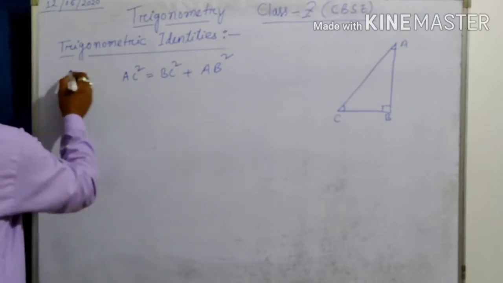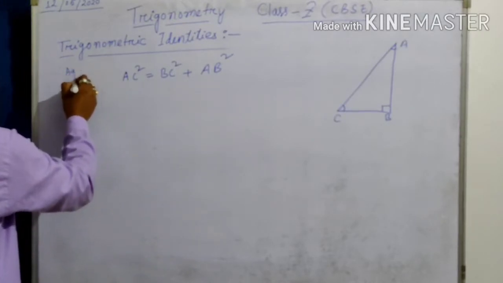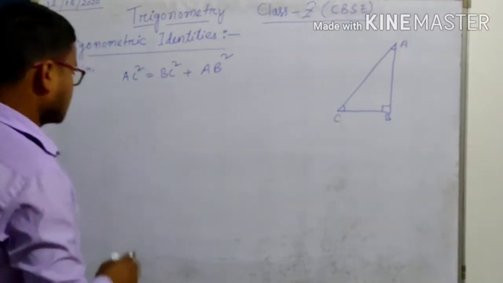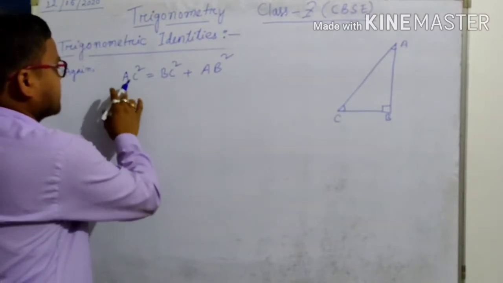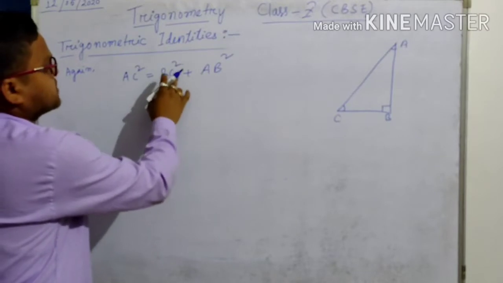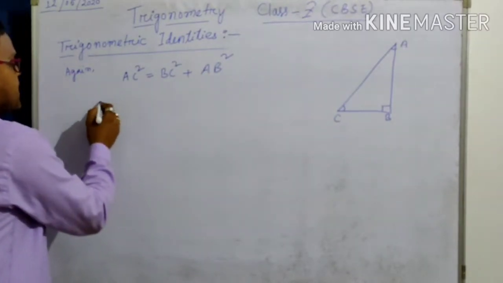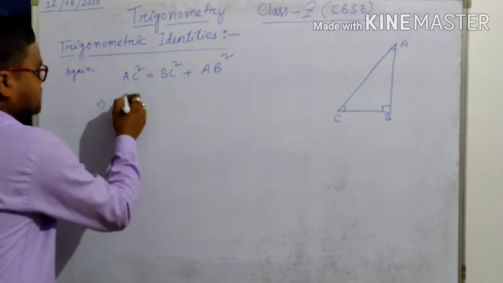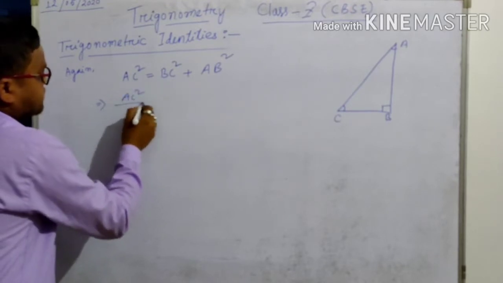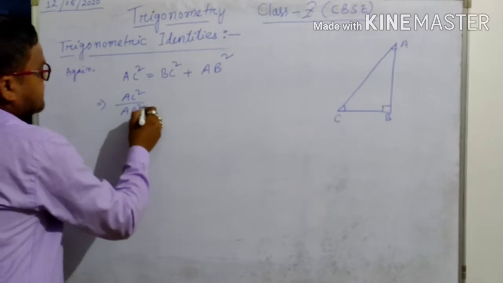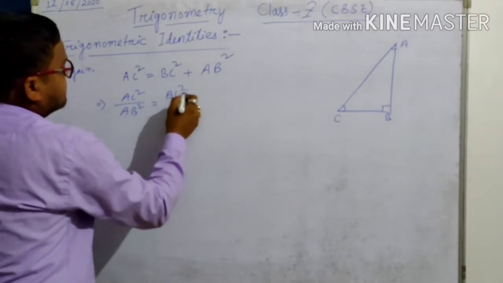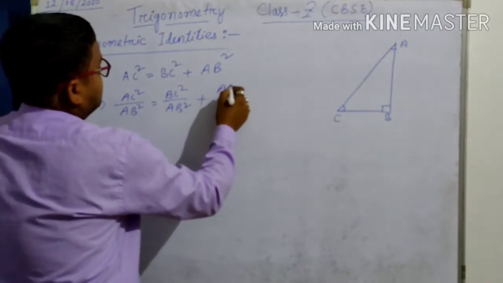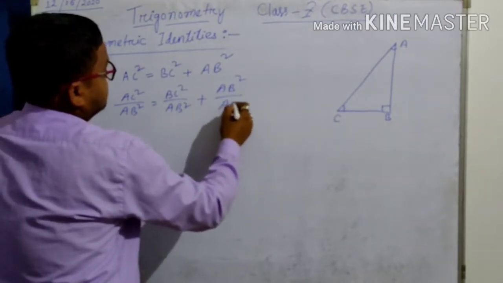So again I take the same Pythagoras theorem: AC square is equal to BC square plus AB square. Now you divide both sides by AB square. Here you divide BC square by AB square, and here also AB square by AB square.